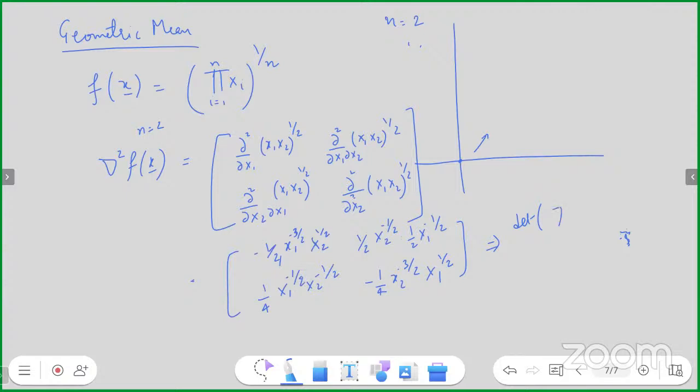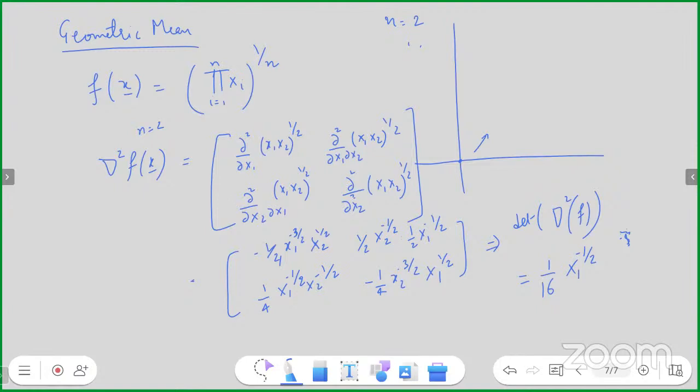So now the determinant of del square of f is equal to how much? 1 by 16. Make sure that I don't make a mistake now. This is a plus and a minus, so it will be x1 to the power half minus half.